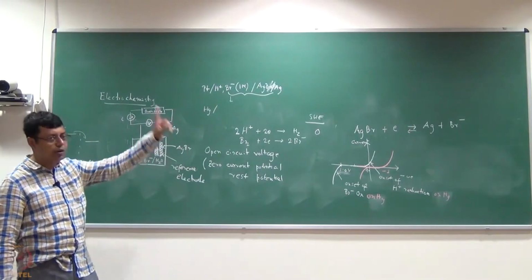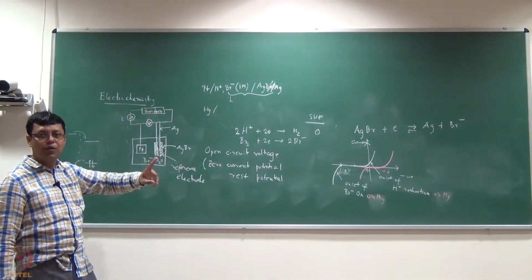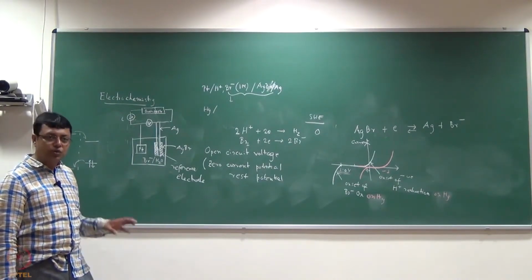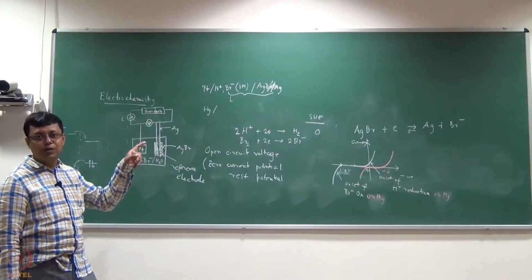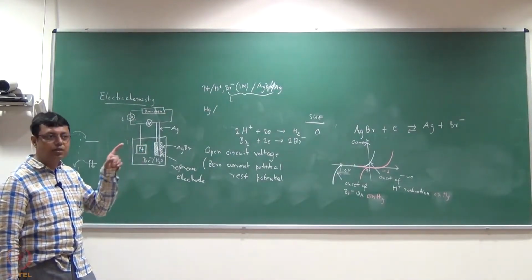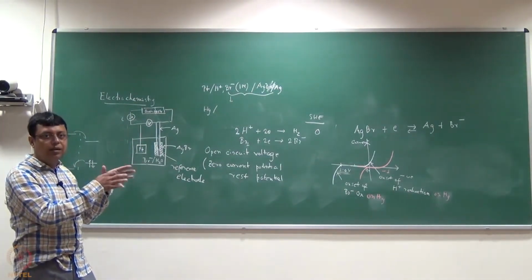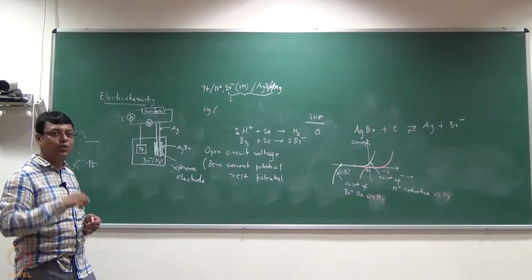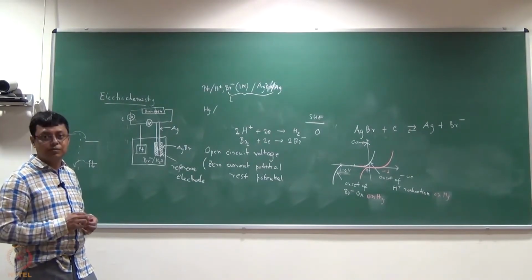That's why around zero it was shooting down. However, when you are using mercury, the potential has changed completely. So what I'm trying to say is that just by looking at the reaction, you cannot say this is the standard reduction potential. You always have to mention under what condition and using what electrode.